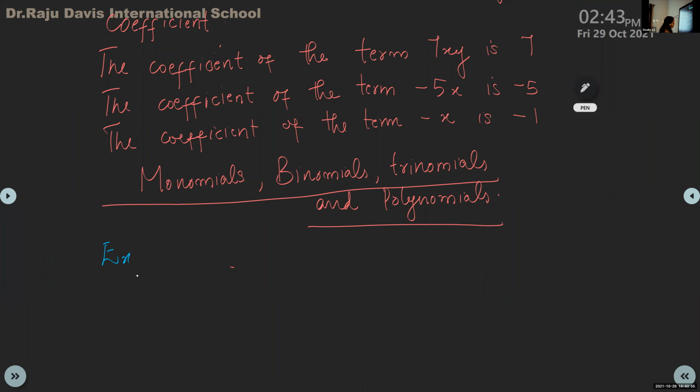Expressions that contain only one term is called a monomial.